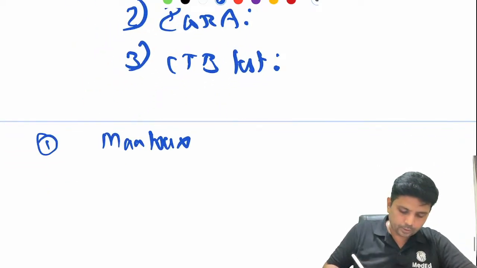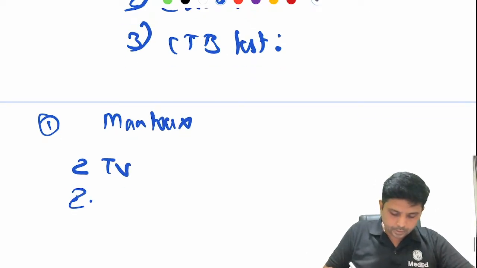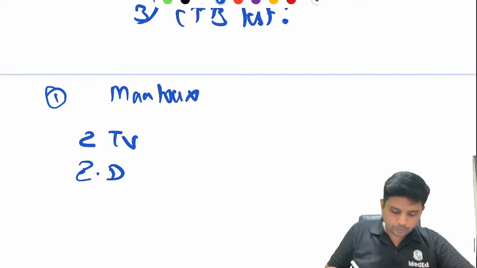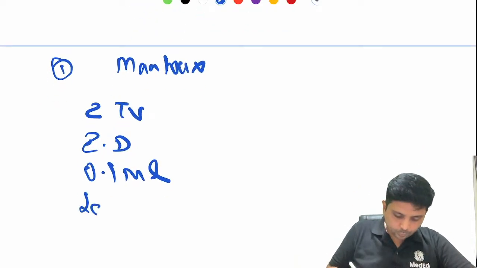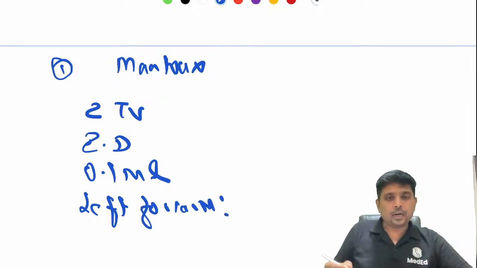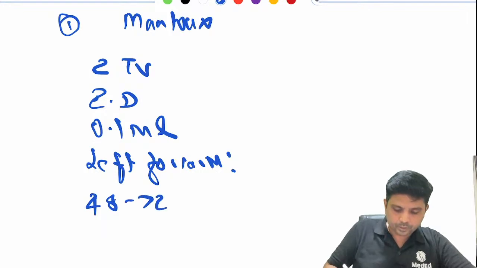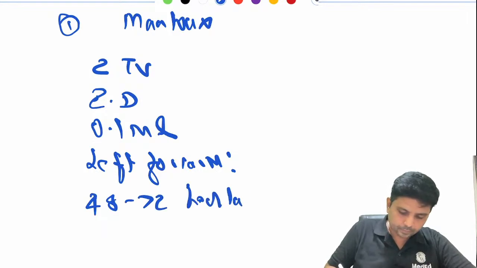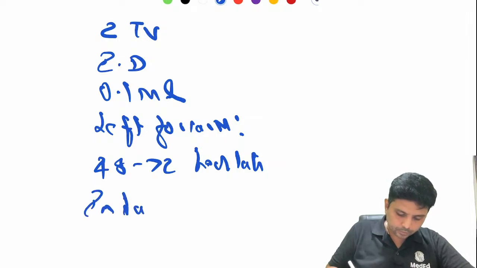You give 2 tuberculin units intradermally, 0.1 ml in the left forearm, and you ask the patient to come 48 to 72 hours later, and you will look for the induration.